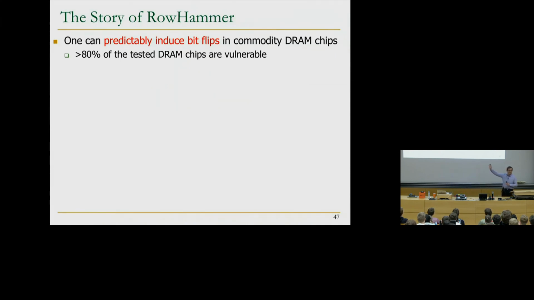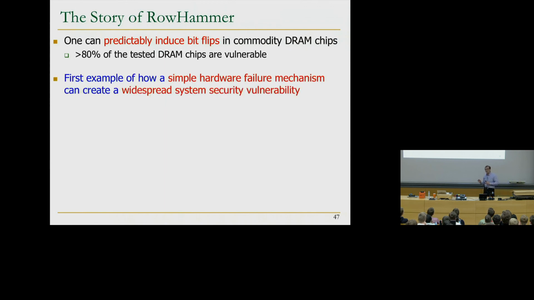And when we did the studies between 2012 and 2014, we found out that more than 80% of the tested DRAM chips are vulnerable to this. And this is interesting because it's a reliability problem, clearly. But it's a simple hardware failure mechanism that creates a widespread system security vulnerability, because somebody malicious can exploit these bit flips. They can create these bit flips at the right points in memory such that they can change the permissions to access your memory.